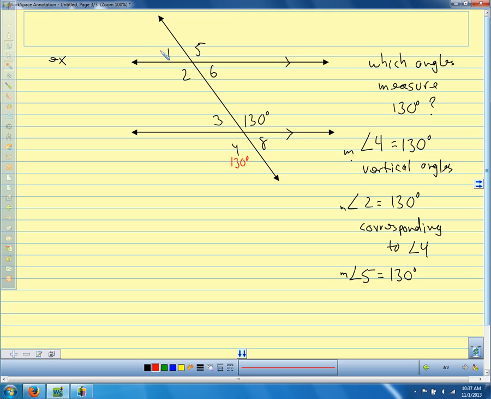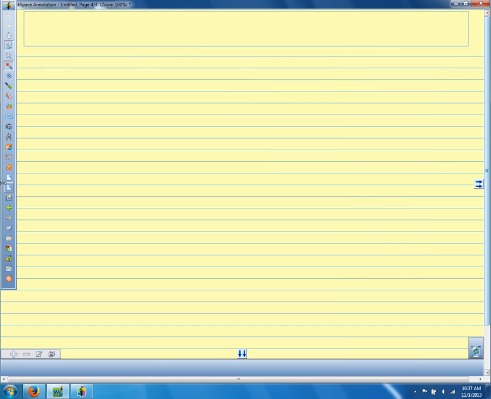All right. Let's do one more example, and then we'll prove one of those theorems about the angles in the parallel lines. So I'm going to draw this diagram, it's a little more complicated, but not too bad.